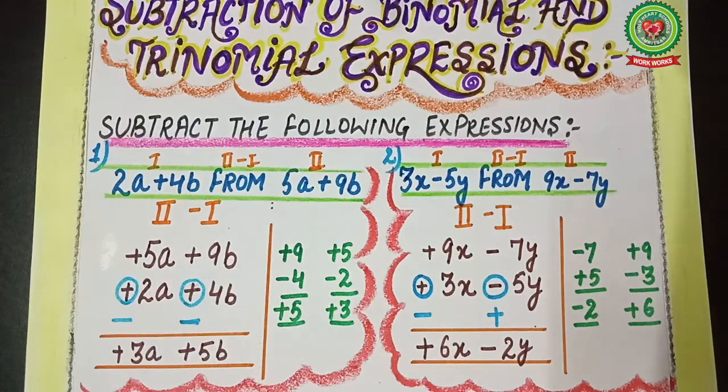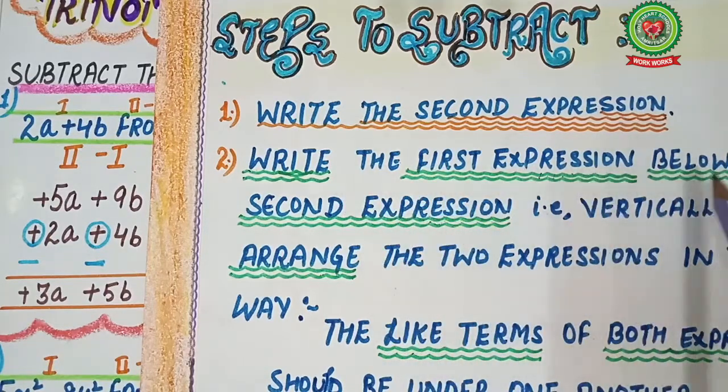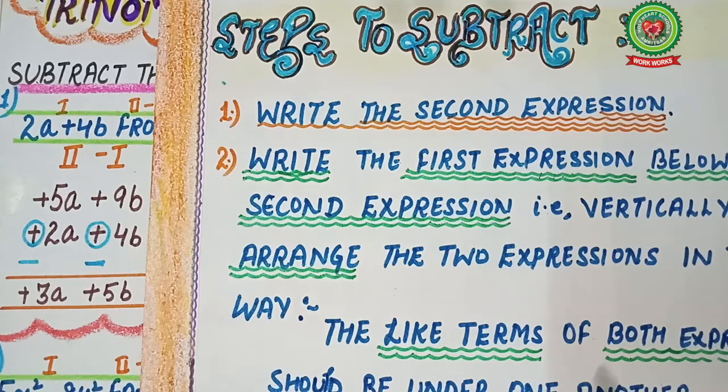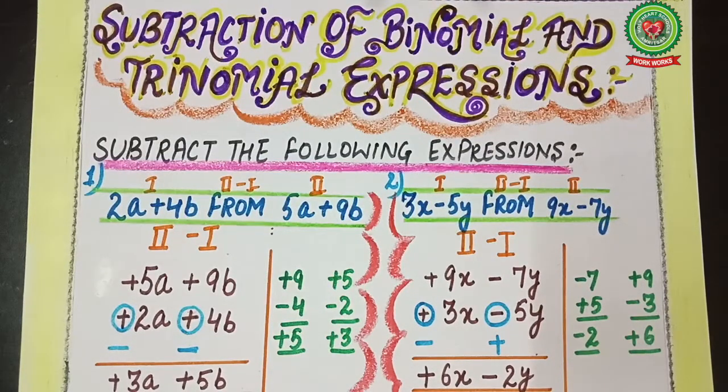Now move to the second step. Write the first expression below the second expression, that is, vertically arrange the two expressions in such a way that the like terms of both expressions are under one another, right? So that means here we have to write the first expression below the second one. In that way, the like terms of both expressions should be under one another, right?